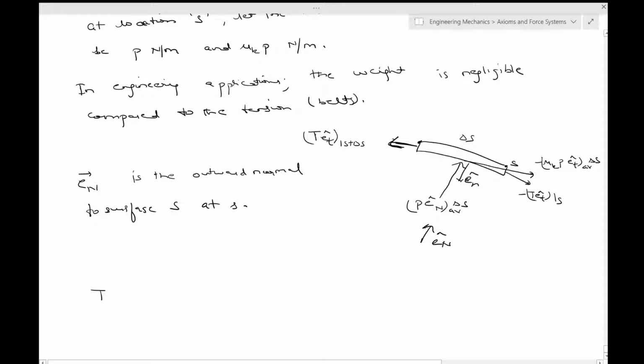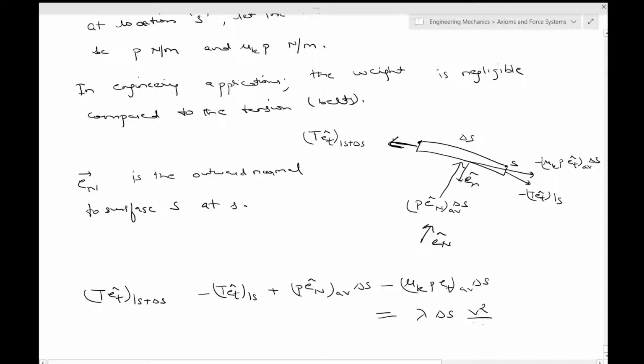They are T e_t hat of S plus delta S minus T e_t hat of S plus P. Now we consider the forces in the capital N direction, so that would be P e_N hat average delta S minus mu K P e_t average delta S. All of these are written as a resultant, and there will be a centripetal term, or whatever else you would want to call it. This is in the radial direction, so this also is taken as an average.